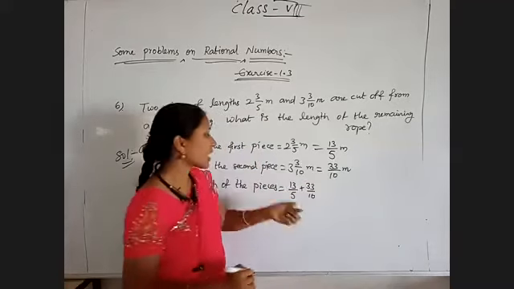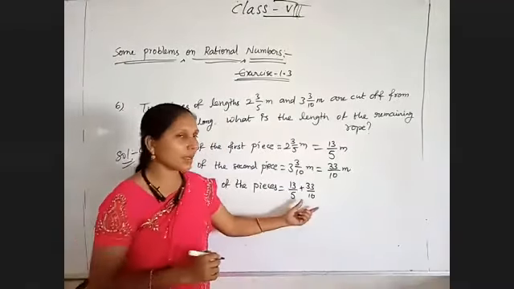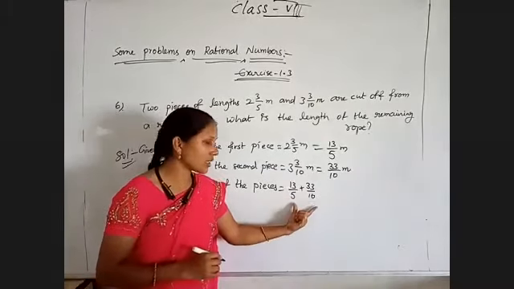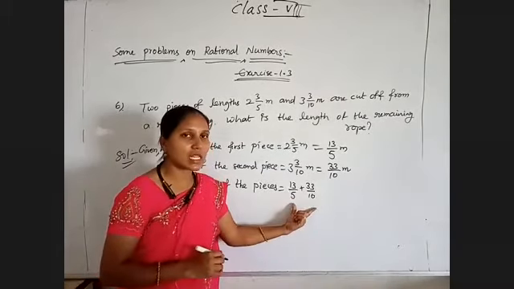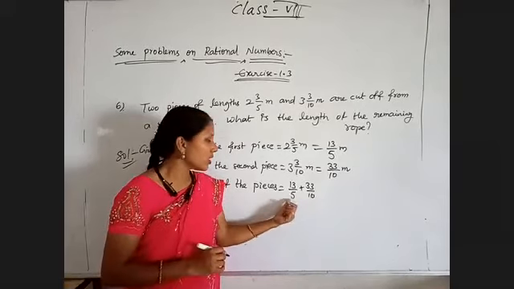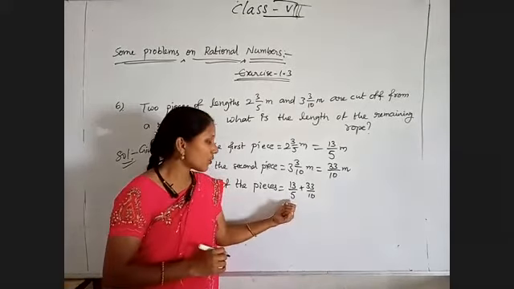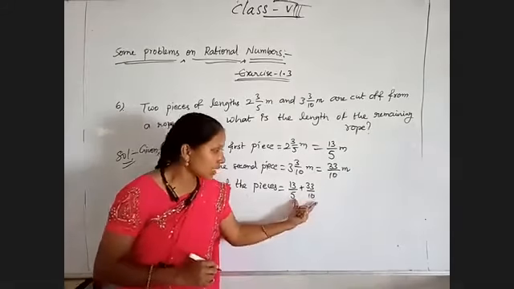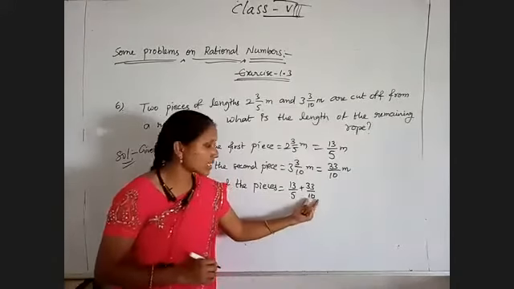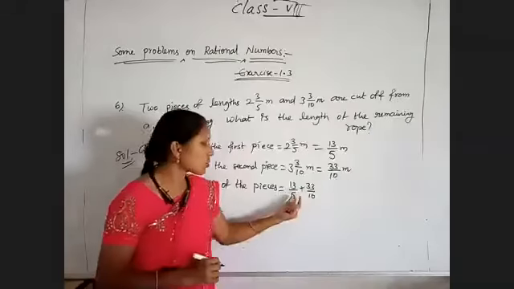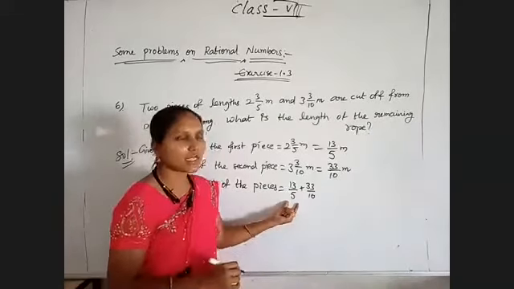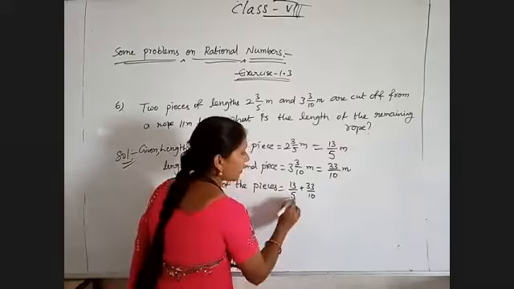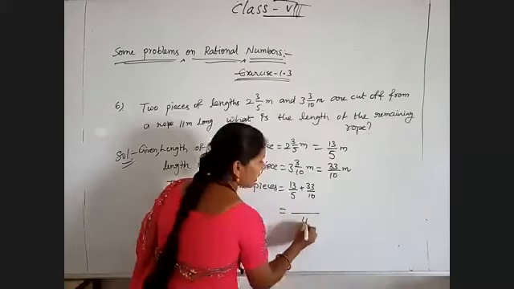So coming to the LCM, instead of going for cross multiplication, I am taking LCM. So in 5 table we will get 10. If we are having numbers like that, the highest number will become the LCM. So 5 and 10 LCM will be 10.